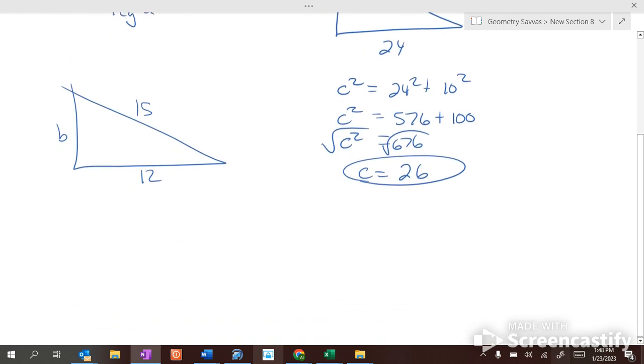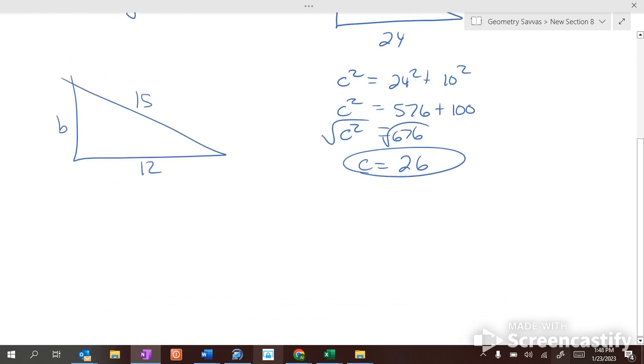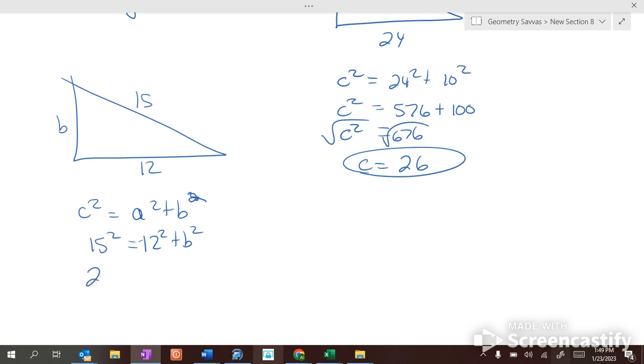How do we find side B over here? C squared equals A squared plus B squared, right? What's C? 15 squared equals 12 squared plus B squared. What's 15 squared? 225. 12 squared?